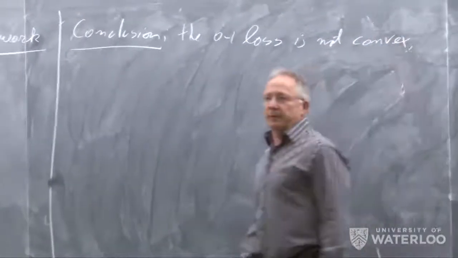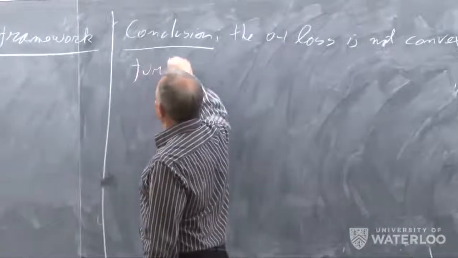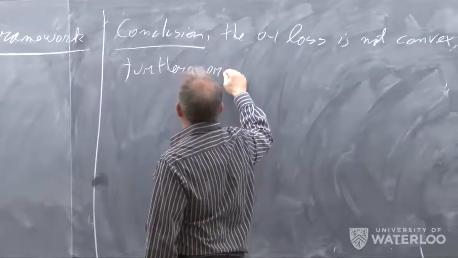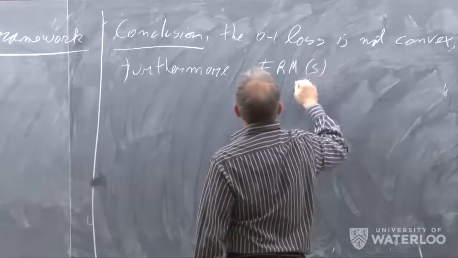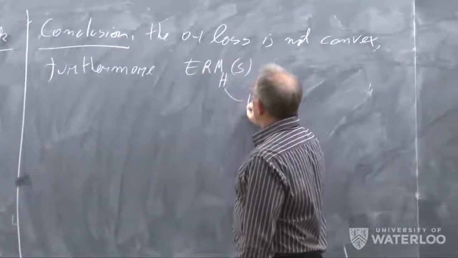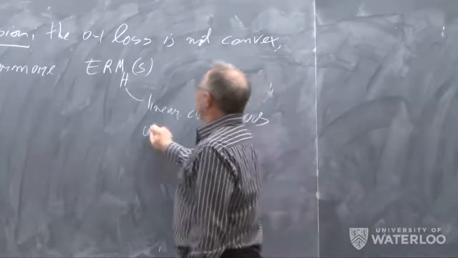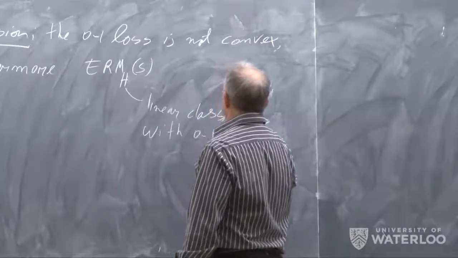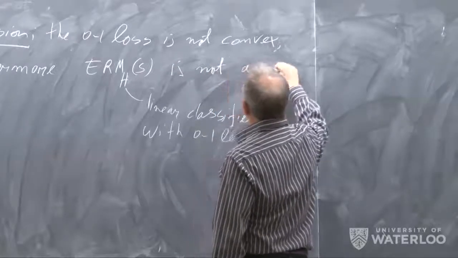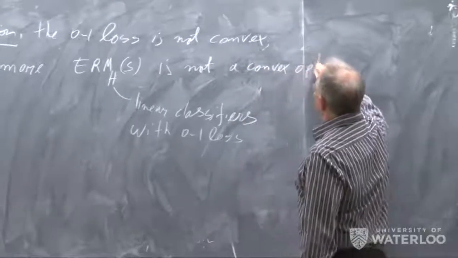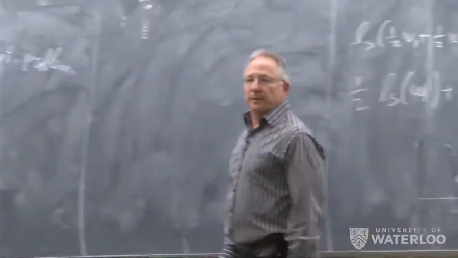And therefore, we also saw that, furthermore, ERM over the class H of linear classifiers with 0-1 loss is not a convex optimization problem. And that's the source of our computational trouble.